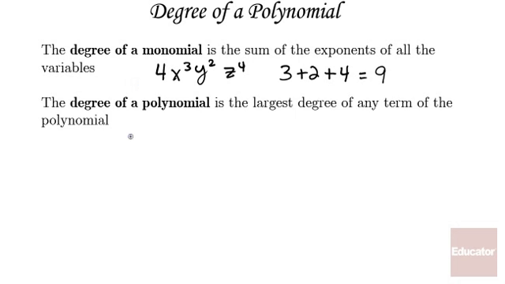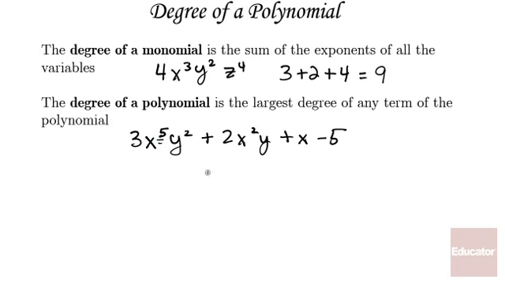Polynomials are handled differently. In a polynomial, the degree of the polynomial is the largest degree of any term of the polynomial. So you don't add up the exponents in this case, you just take the largest degree out of the terms. For example, if you had the polynomial 3x to the fifth y squared plus 2x squared y plus x minus 5, I'm going to look and say, okay, the largest exponent is 5.